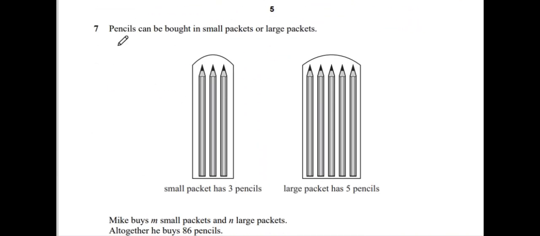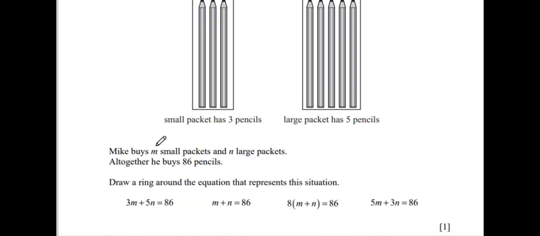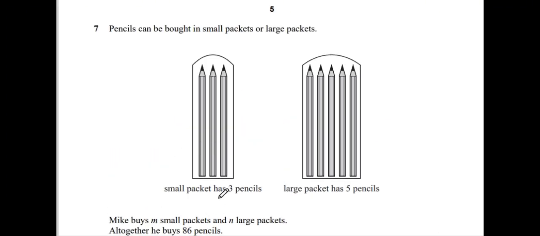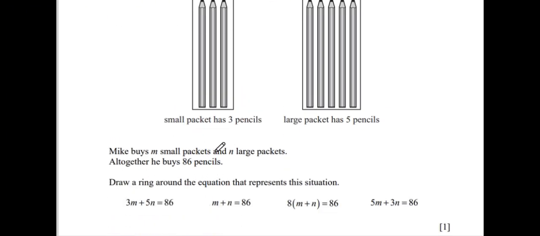Okay. So moving on, we have this. They say that pencils can be bought in a small pack or in a large pack. The small pack contains 3 pencils, while the large pack contains 5 pencils. Mike buys M small pencil packets, we don't know the number, and N large pencil packets.